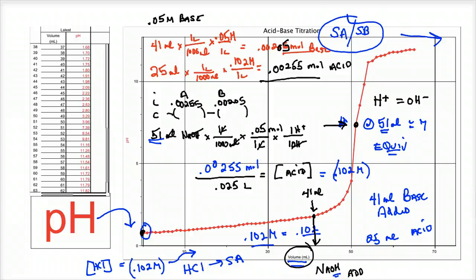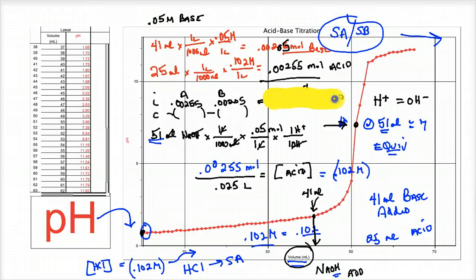0.00255 minus 0.00205 gives me the amount of what's left over, of course the acid left over, 5 times 10 to the negative 4, or 0.00005. That's the moles of acid that remain at that position. And that's important.